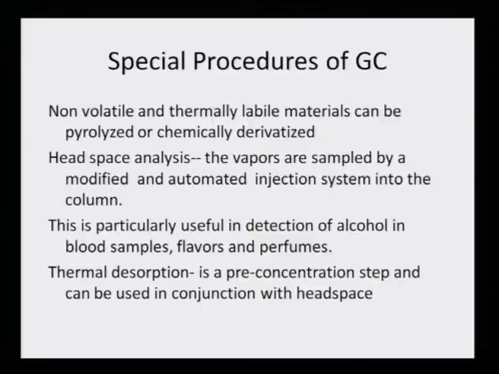Thermal desorption is a pre-concentration step and can be used in conjunction with headspace. All this we have already learned, but I am recapping to make you aware that these processes are used time and again, and they are very useful in the analysis of all the eco parameters that I mentioned a while ago.